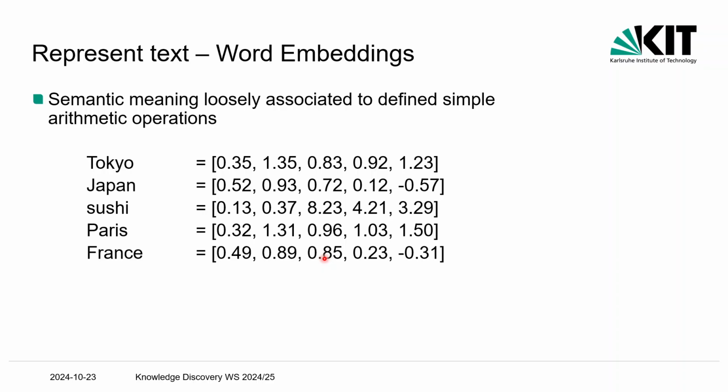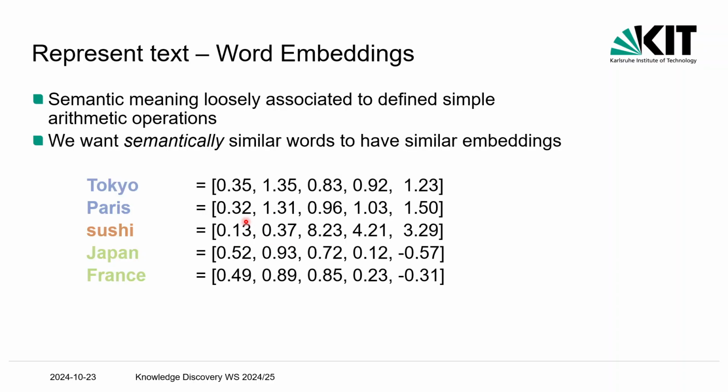We want them to be different enough from other entries to be recognizable as themselves in space, but we want to be able to apply certain kinds of simple operations on them. So for instance, we want semantically similar words to have similar embeddings.